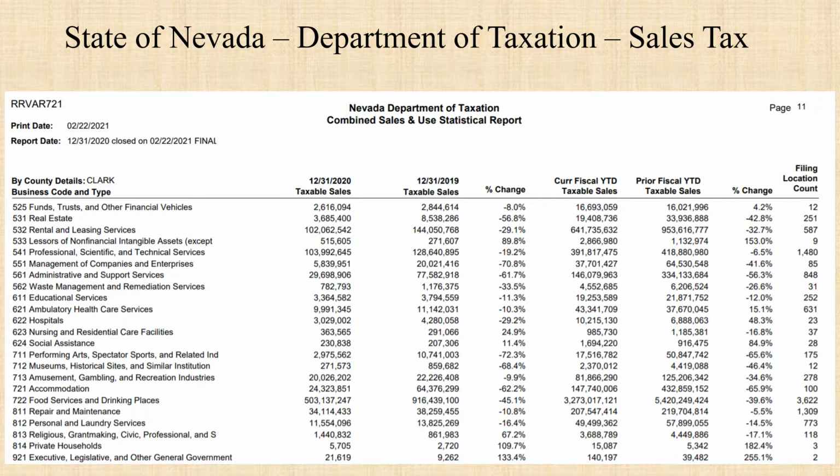And so hospitals are doing well during the pandemic. Not too surprising. At any rate, this information would give you some information about the size of particular industries here in Clark County. We use this information often when we're trying to get a sense of an industry size that is localized into at least one county.